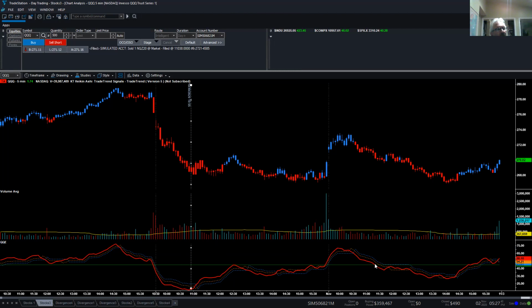And so we took a short by using a put option here. We took the 270 short. This is 270.27. I think it was right here, 270, 269 almost, just shy of 270, and we went short right here, or we bought the put.